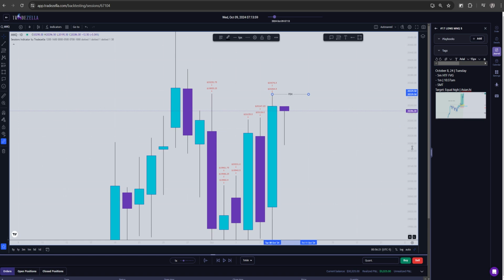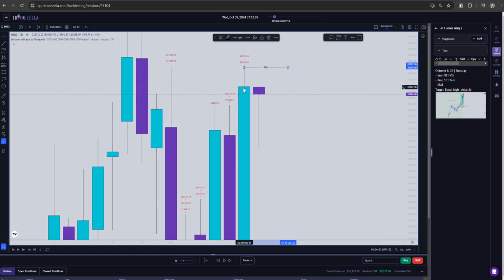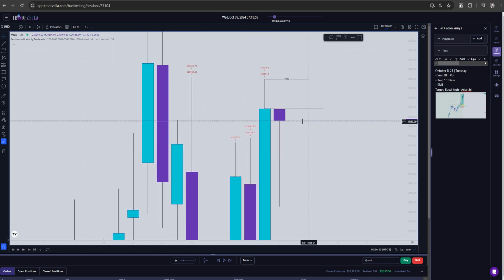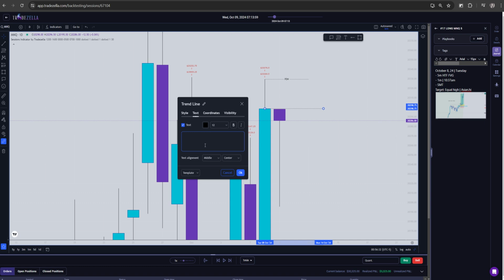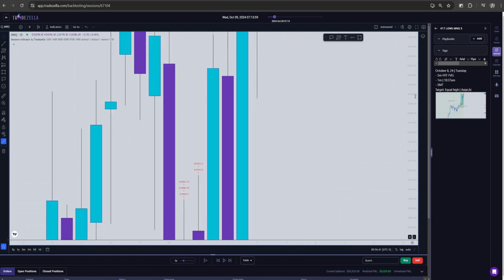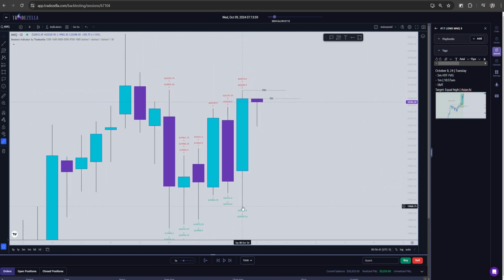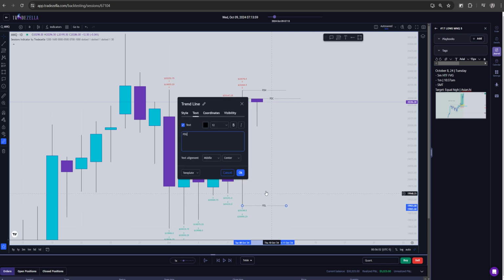And then we also have the previous day close right here. It can help to take note of that. You don't have to, but I think that's also an important level. Previous day close, PDC. Okay, and then of course this low right here, previous day low, PDL.